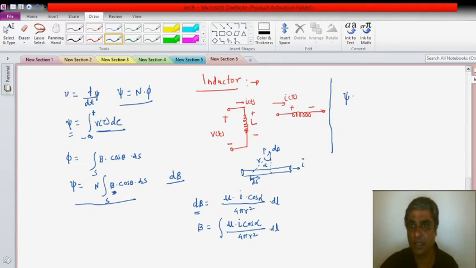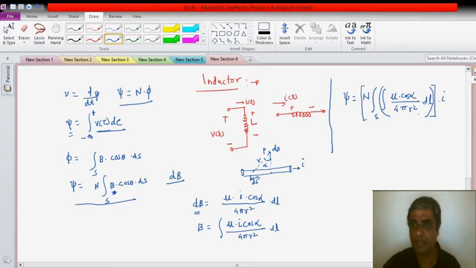in psi, that is psi will be equal to n, surface integral B, and you have already computed this integral, which will be mu cos alpha, let me slightly modify this, over 4 pi r square with respect to dl. This will be your one term and this will be your second term, and with respect to I, everything comes: mu cos alpha dl over 4 pi r square into cos theta also, yes, some cos theta angle also comes there, and multiplied with ds.